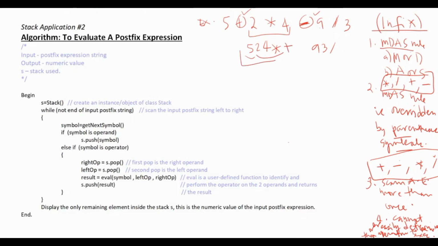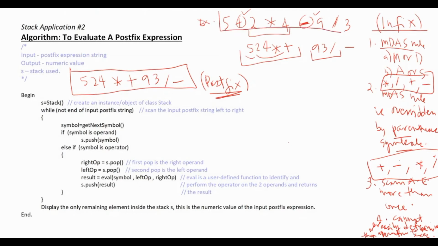And this is the left operand and the right operand for subtraction. So minus is here. So the postfix is 5, 2, 4 times plus 9, 3 divide minus. The equivalent postfix expression is this one for the given infix.